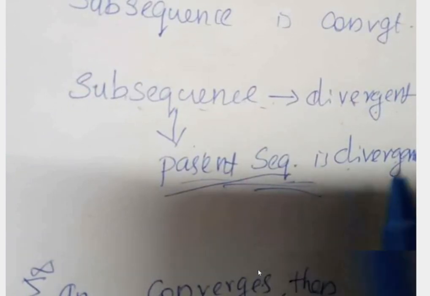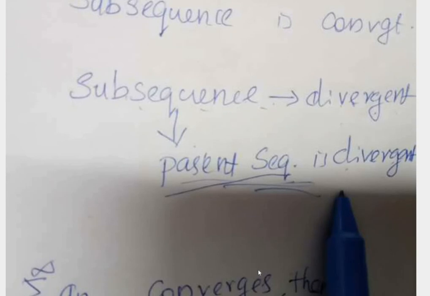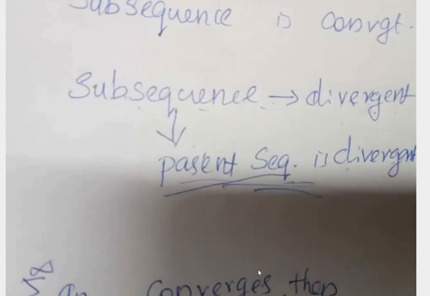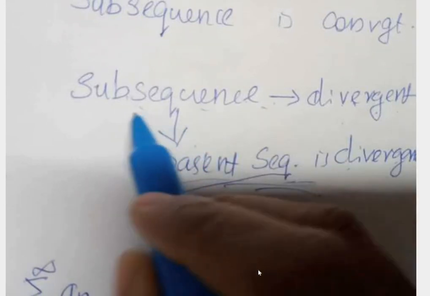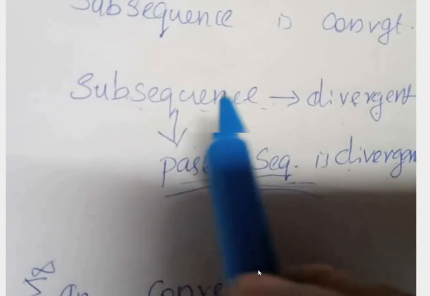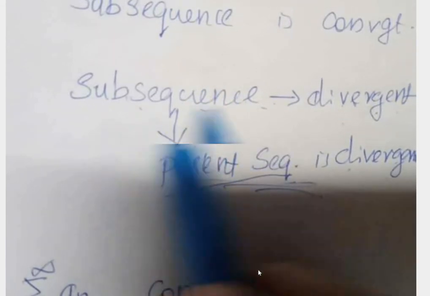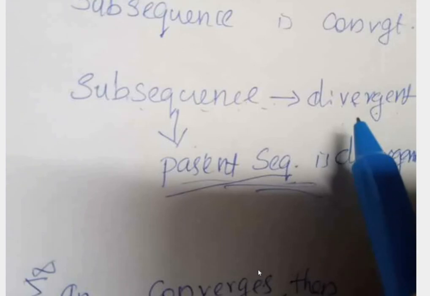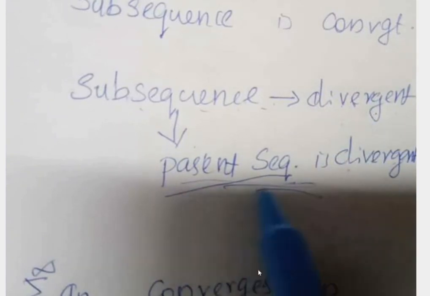So in order to show that the sequence is divergent, we use this technique, the subsequence. We have to find a subsequence which diverges. Then we can say that the parent sequence, our harmonic series, diverges.